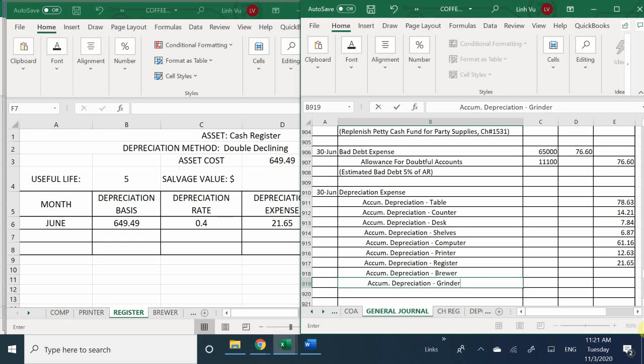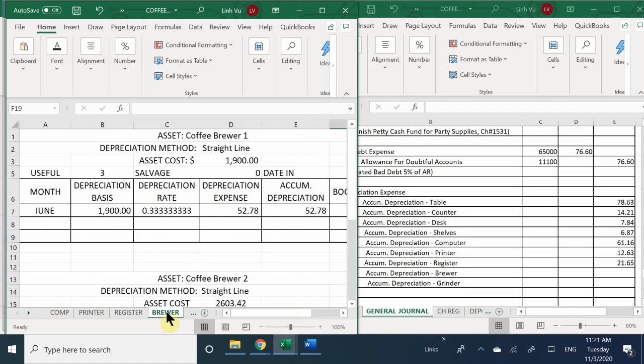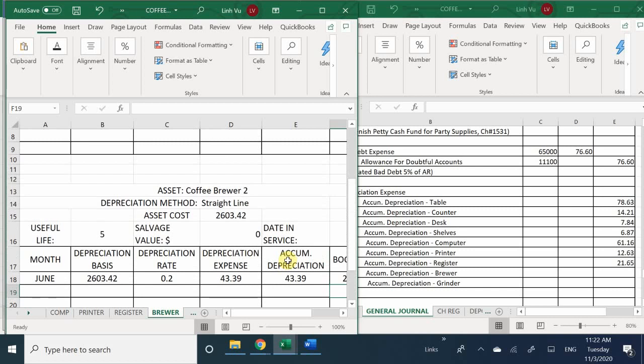All right, so now I'm going to look here. I have two brewers here, so I'm going to add them together because in my ledger, I only have one account for my coffee brewers.